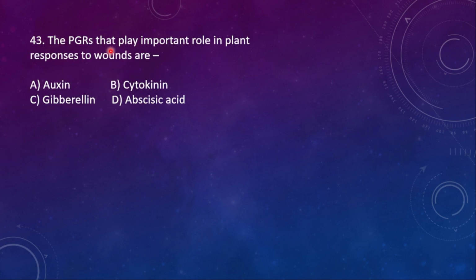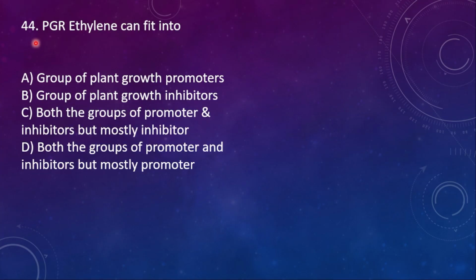43. The PGRs that play important role in plant responses to wounds are A, Auxin, B, Cytokinin, C, Gibberellin and then D, abscisic acid. Here the right option is option D, abscisic acid. Next, 44.